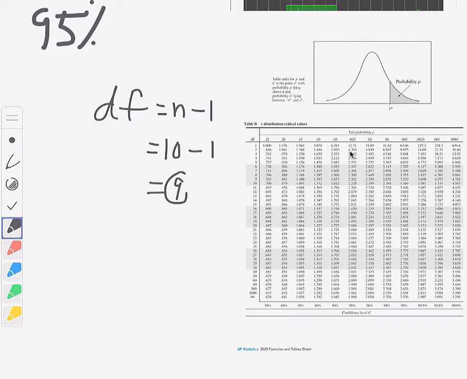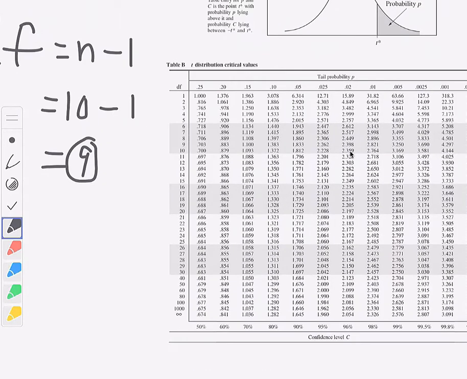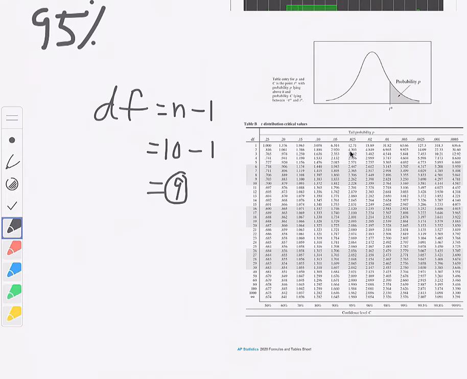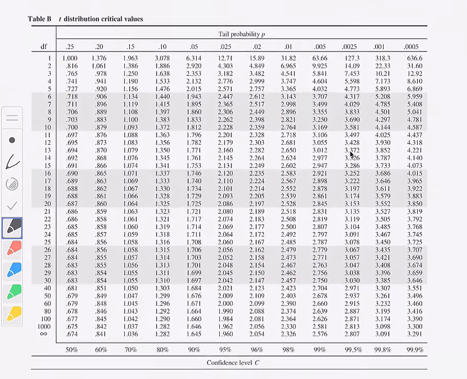So I'm going to look up 95% and 9 on my t-table. Looking up the column for 95% and finding my degrees of freedom of 9 tells me I should be using 2.262.